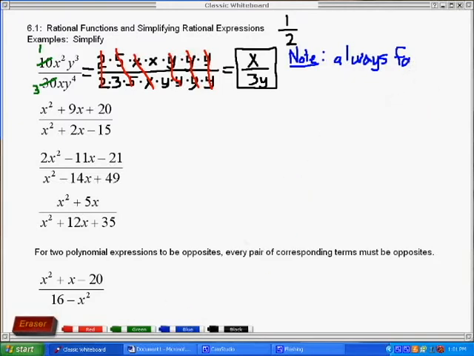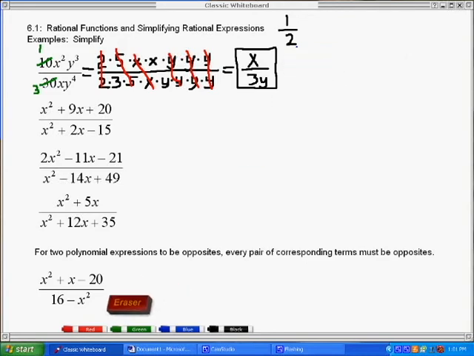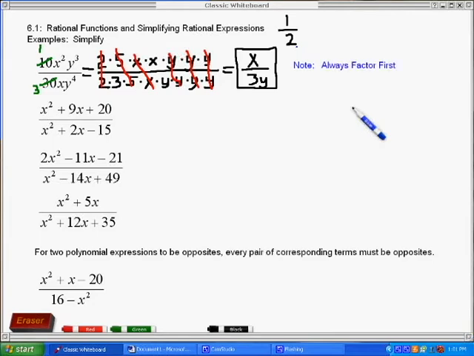And we can underline that. That's what we want to do for each one of these problems.